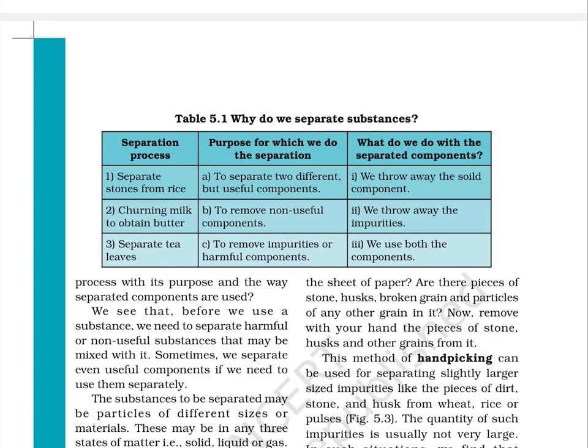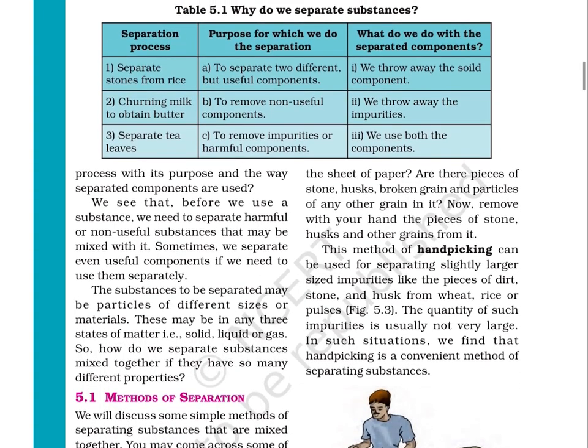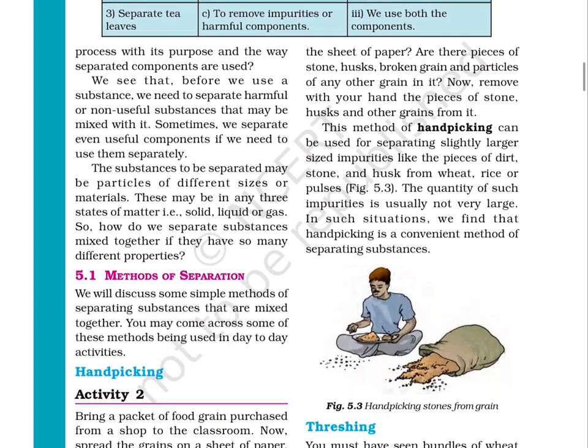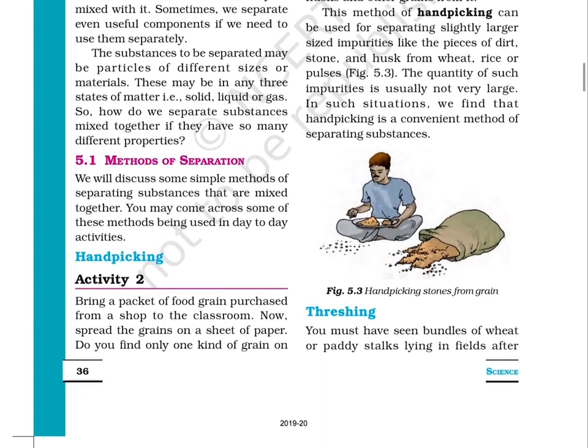We see that before we use a substance, we need to separate harmful or non-useful substances that may be mixed with it. Sometimes we separate even useful components if we need to use them separately. The substances to be separated may be particles of different sizes or materials. These may be in any of the 3 states of matter, that is, solid, liquid, or gas.